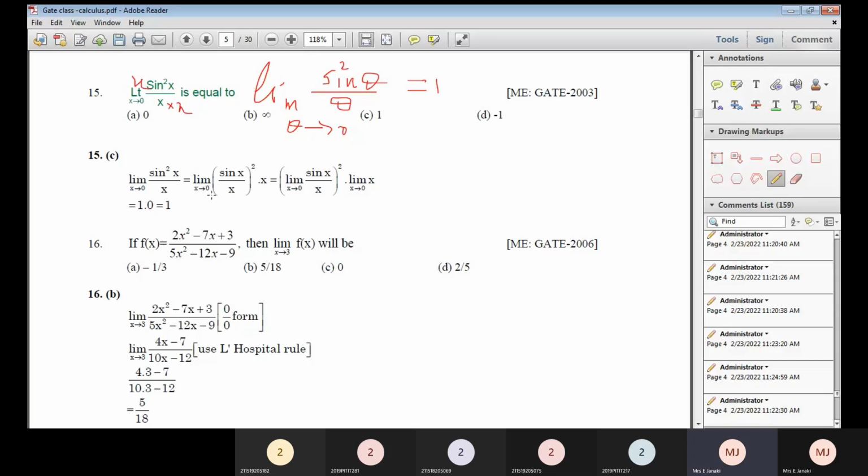Limit x tends to 0, sine square x by x square, into x. Now I'm writing sine square x by x square as sine x by x the whole square, into x. Now apply the limit term by term.